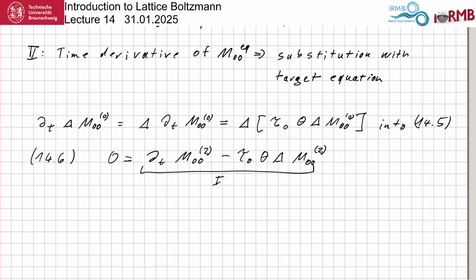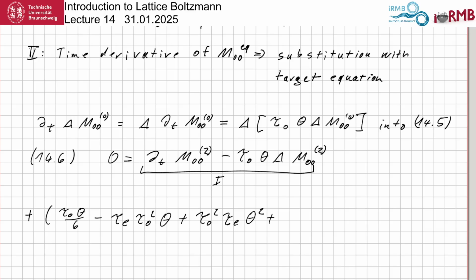So actually there will be only one, namely, this will simplify to tau odd theta divided by 6 minus tau even tau odd square theta plus tau odd square tau even theta.